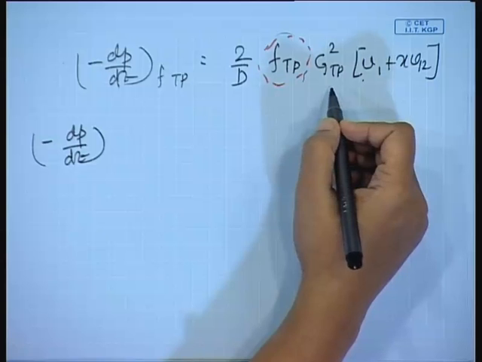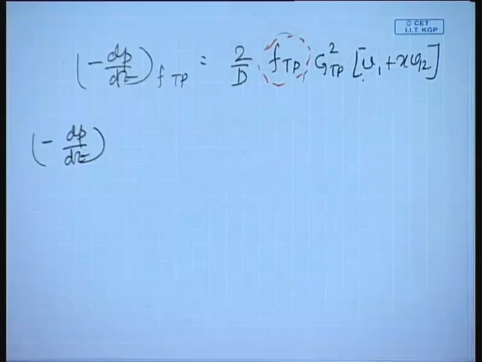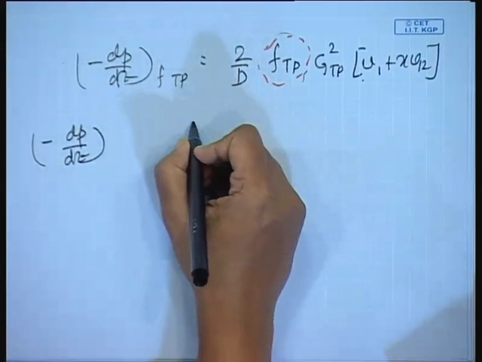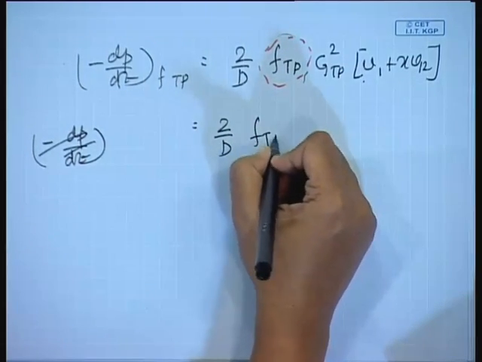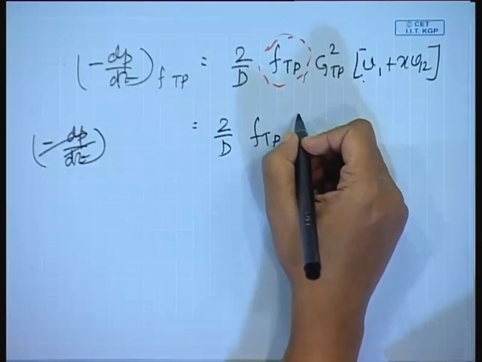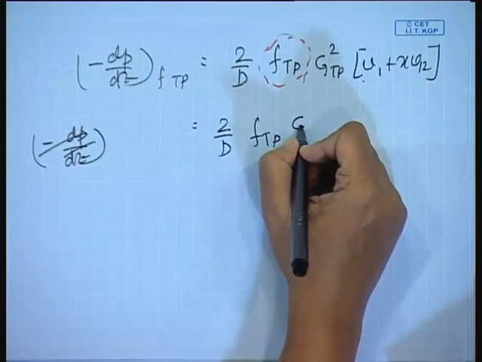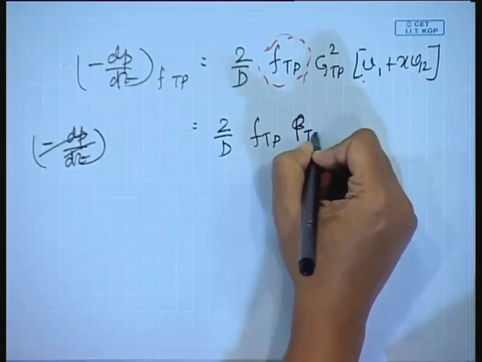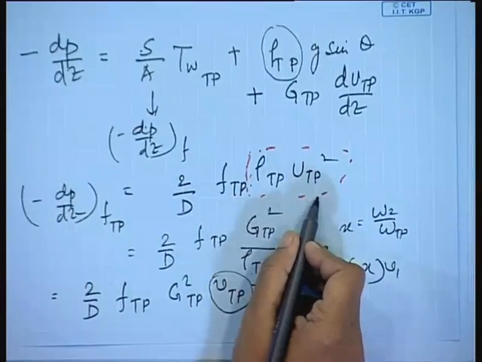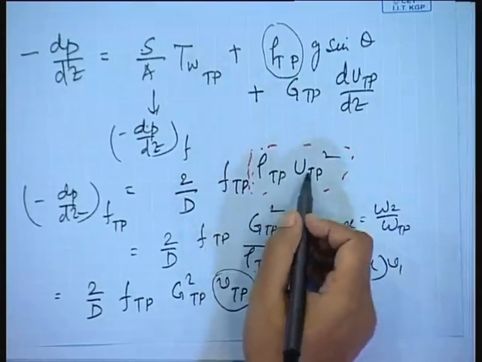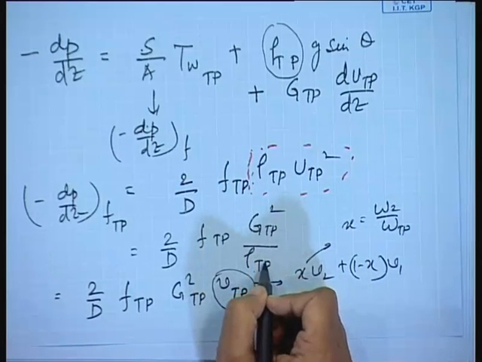Acha, there is one other form by which we can also derive it. Before I do this, I had started with rho TP UTP square, the basic expression, if you see from where I had started it. Then I had substituted it in terms of G square by rho.